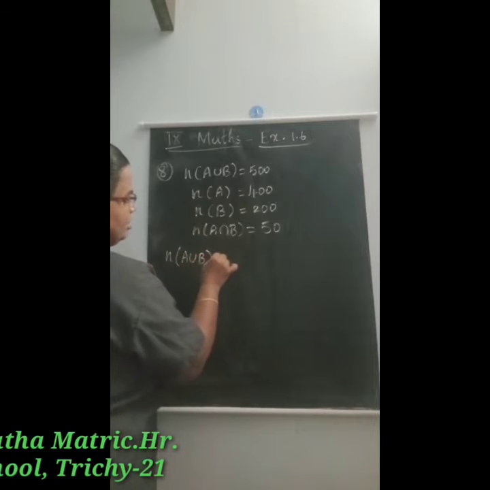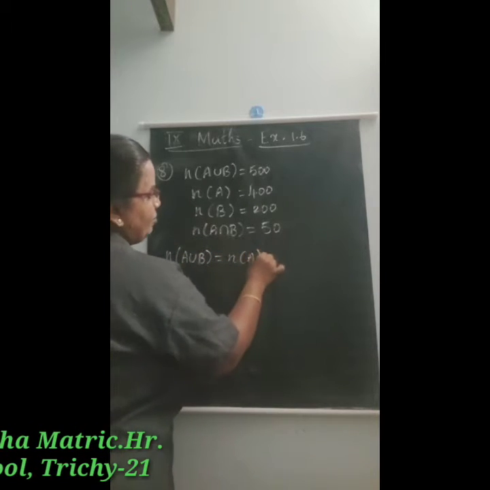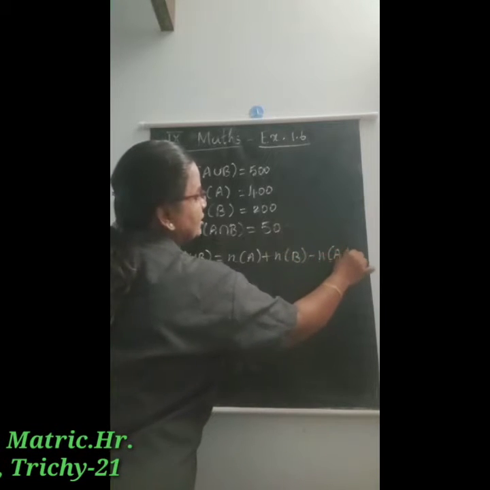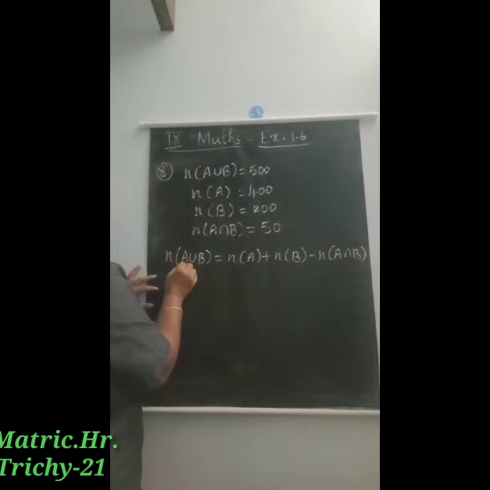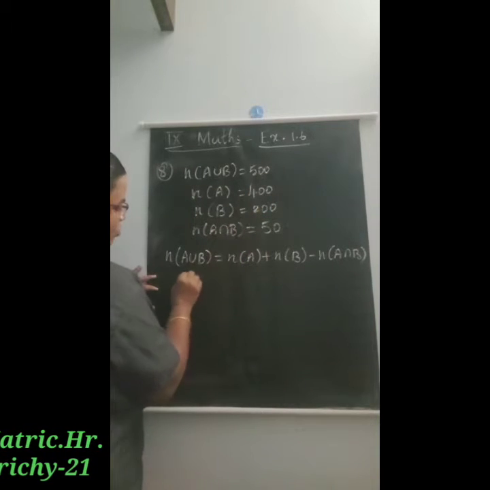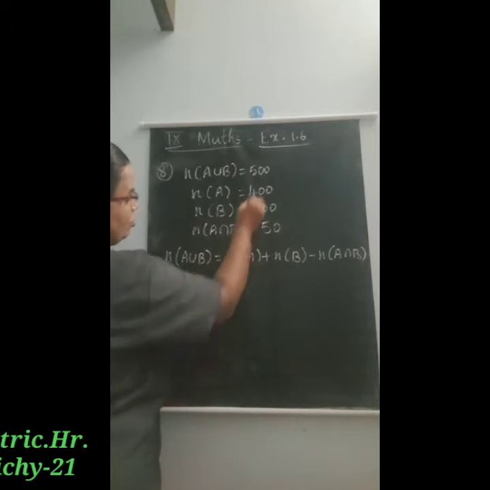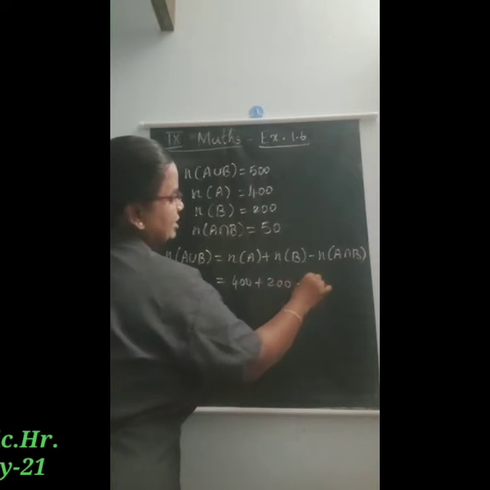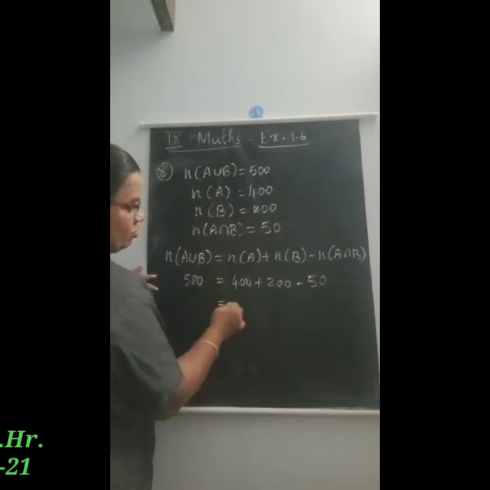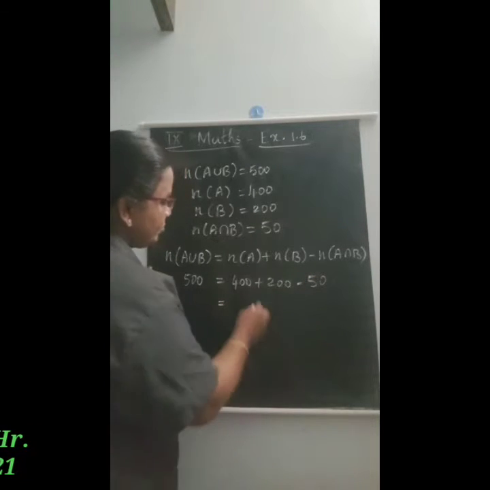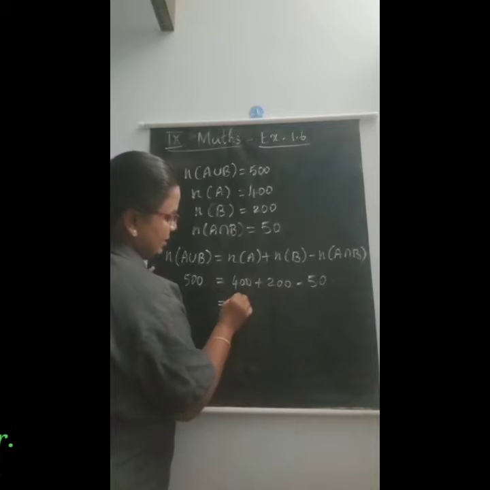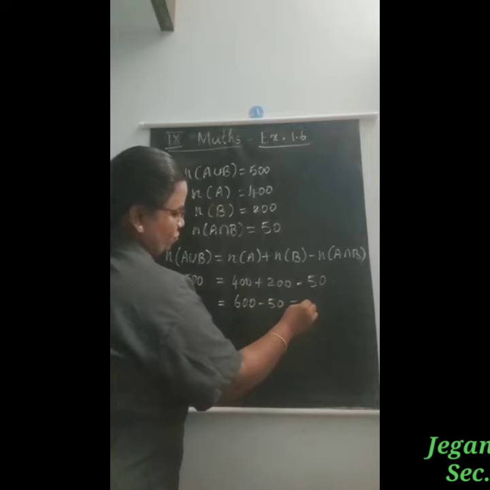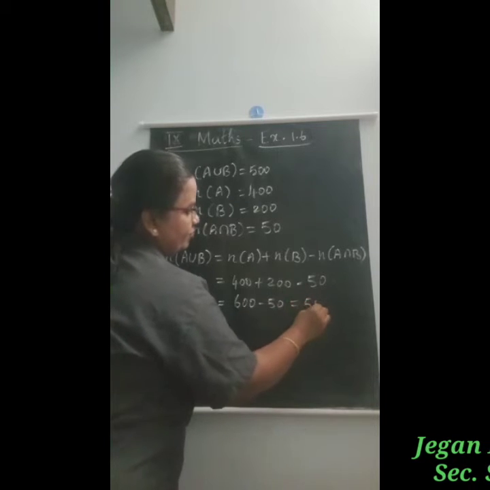n(A ∪ B) is equal to n(A) + n(B) − n(A ∩ B). Let us write n(A ∪ B) is equal to 500; here 400 + 200 − 50, so that is equal to 600 − 50, that is equal to 550.